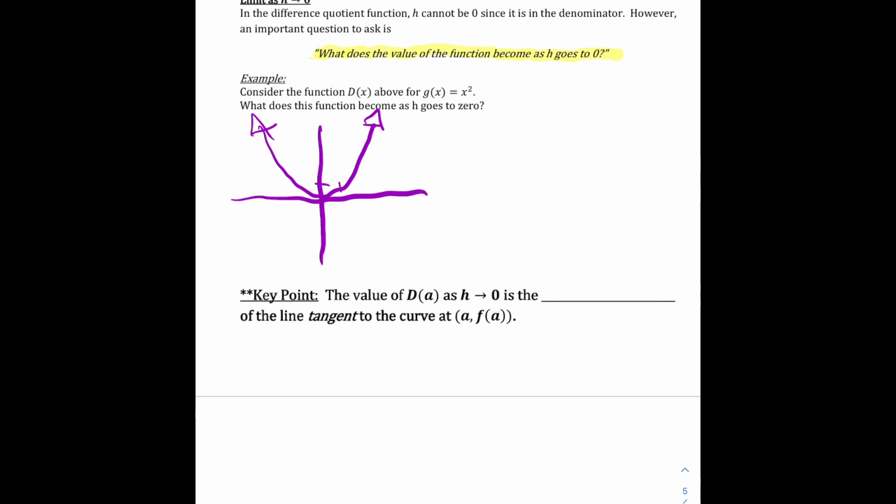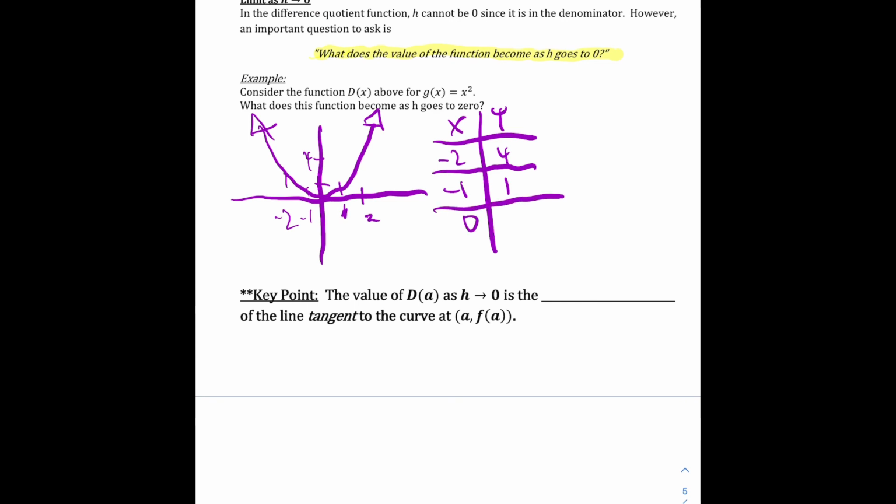When x is 1, y is 1. When x is 2, y is 4. And it's basically the same on the other side, but with a negative exponent. So again, maybe we make a table. We say x, y, negative 2, 4, negative 1, 1. We're talking about 0, 1, 1, and 2, 4.